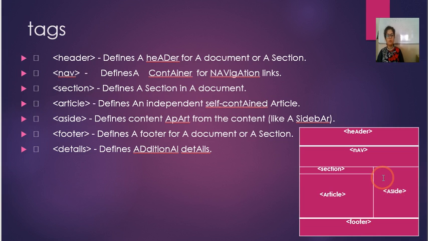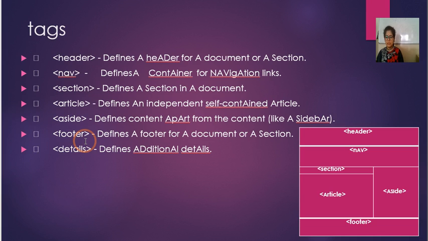Now next tag is footer tag. Now what is footer tag? Footer tag defines a footer for a document or a section. I hope many of you know what a footer is, because we also use footers in normal Word documents. We make use of footer if we want to write some name, page number, etc. Similarly we can also make use of footer in a web page.